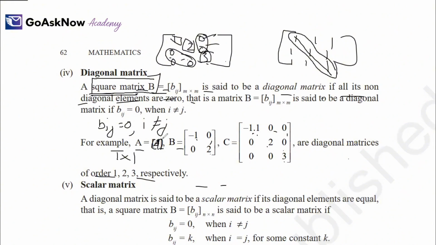Similarly, for a 2 cross 2 matrix, you have these diagonal elements and the other elements are 0. For C, you have diagonal elements filled here. For a 3 cross 3 matrix, it is like this, and these are 0. So these are examples of diagonal matrices of order 1 to 3 respectively. Let's move further.